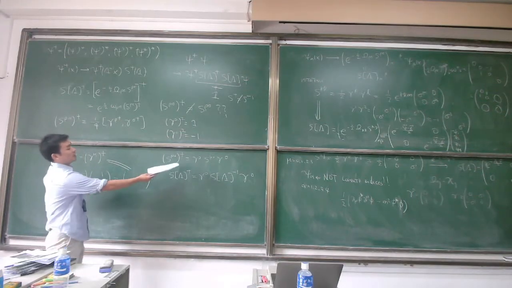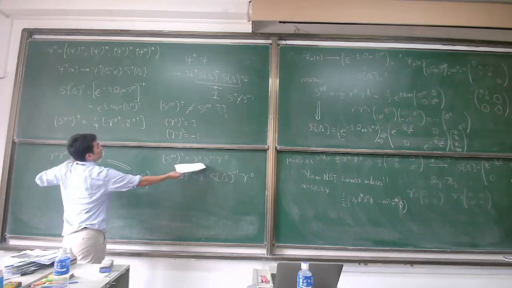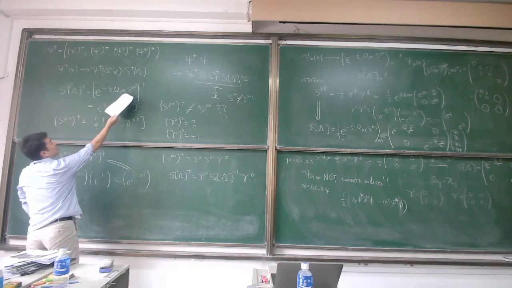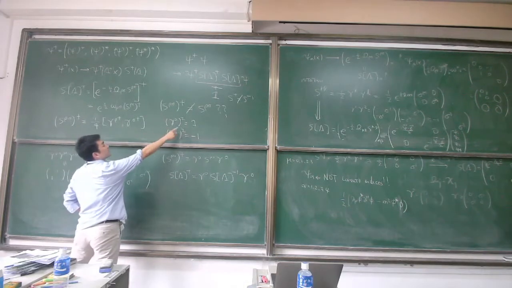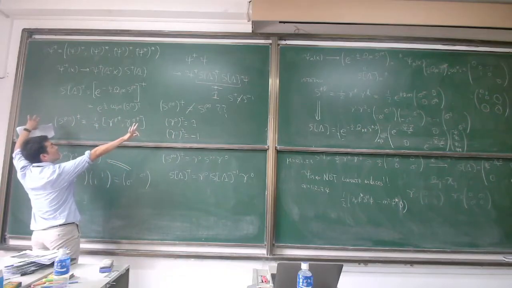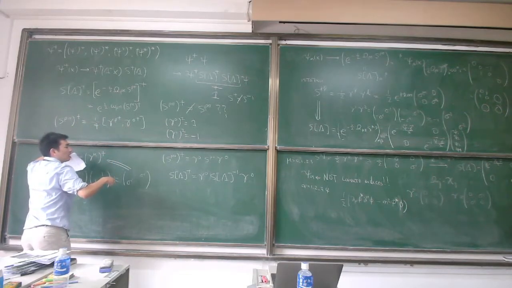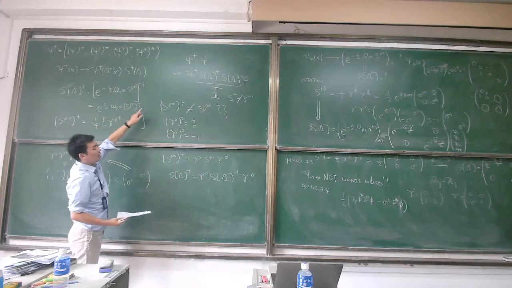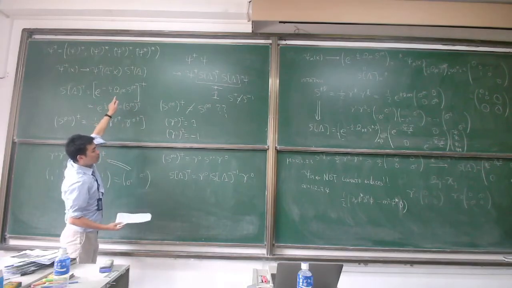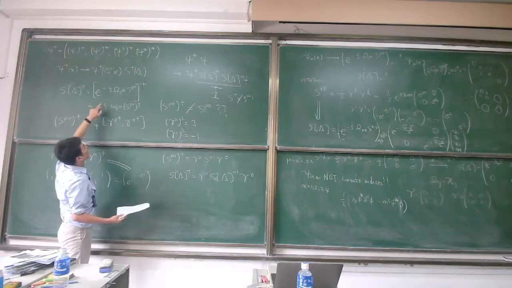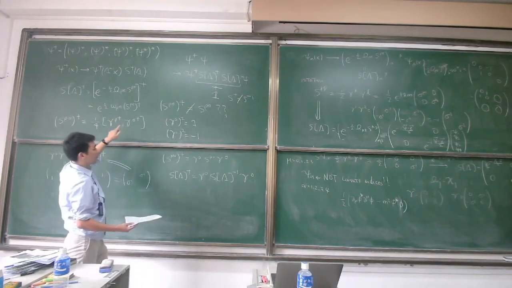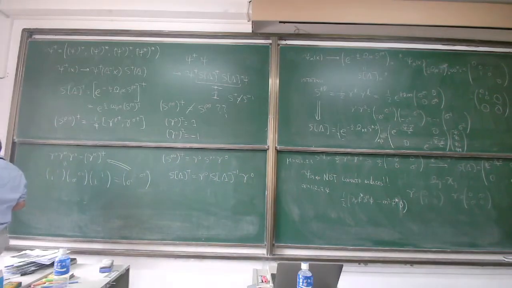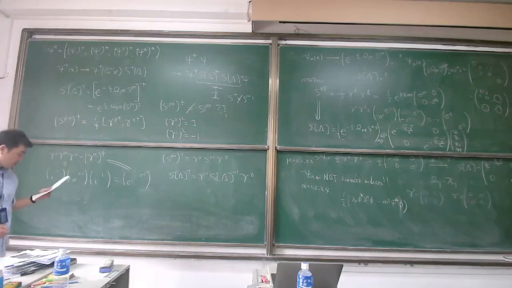If you plug this one in here, gamma 0 squared is just 1. So gamma 0 just appears on the left and right. On the other hand, you have a dagger, so you get the minus sign and the plus sign, and the S stays as it is. So you get the minus sign here. You can easily check this relation.